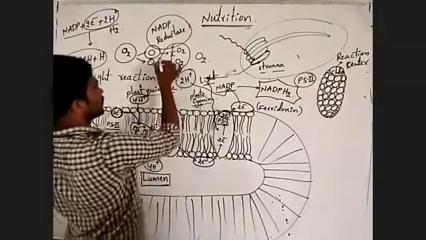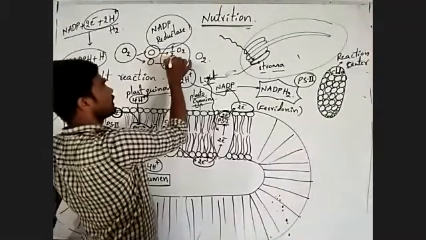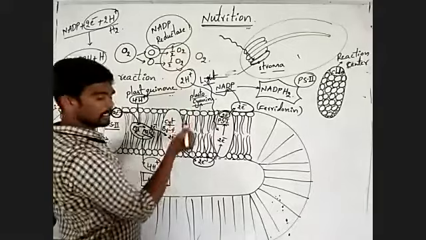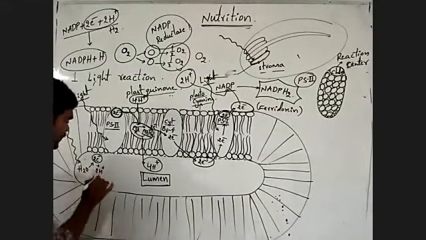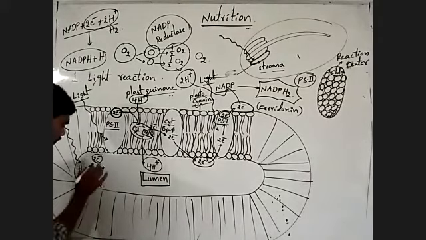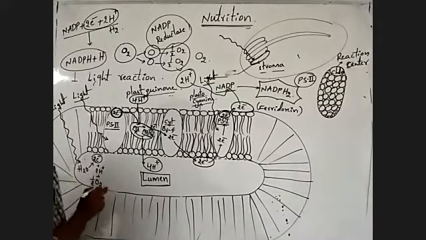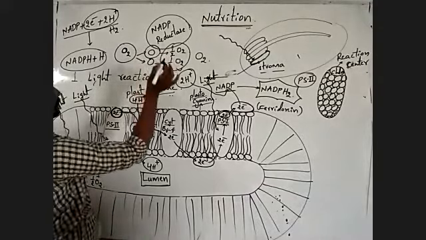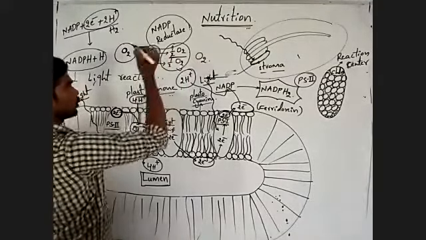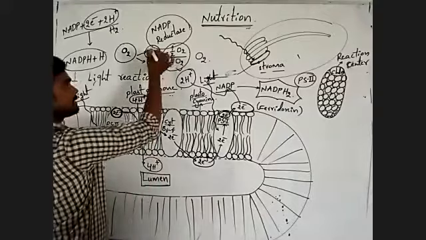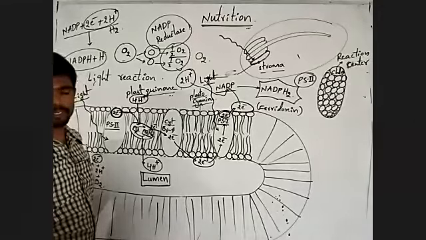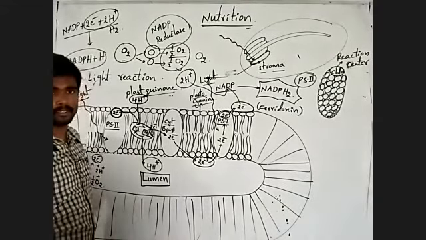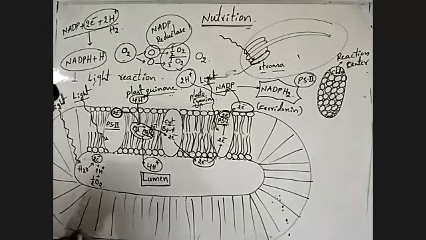Here only one oxygen atom is formed. We can write one oxygen atom as half O2 because it is the half part of the oxygen molecule. Are you understanding? Observe carefully. Like this, half O2.